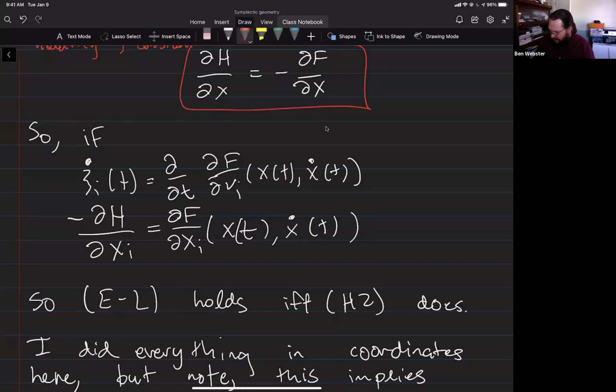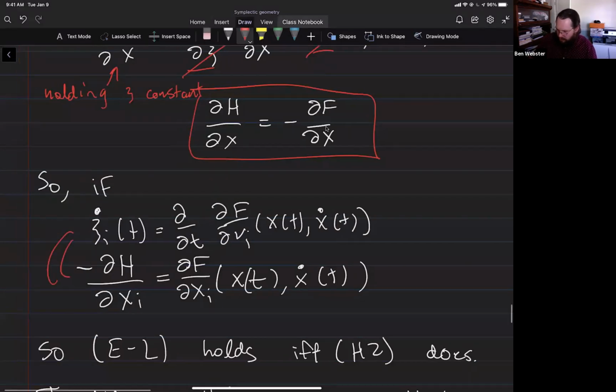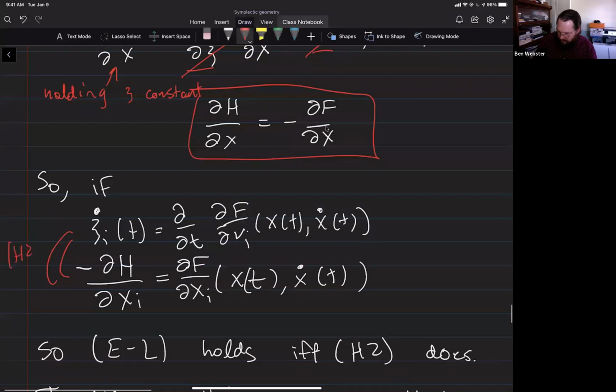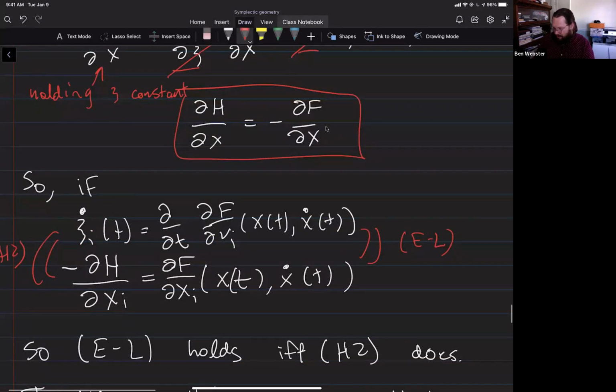Right, I wrote this in a kind of funny way. But these guys being equal is H2. And these guys being equal is the Euler-Lagrange equation. And what we've shown, right, this bottom equality, that's this guy we just checked.